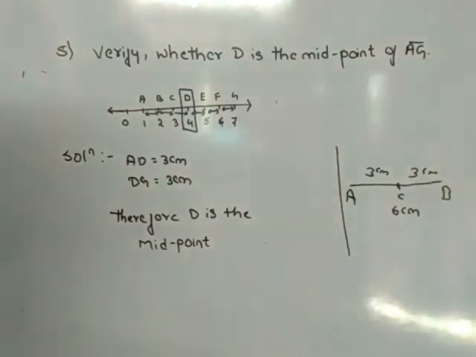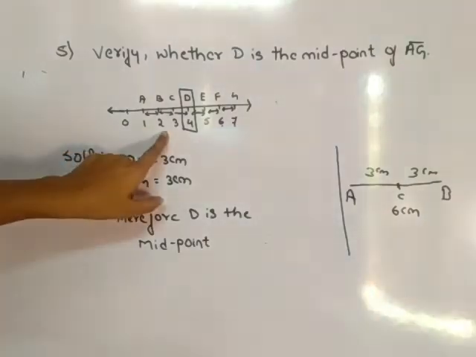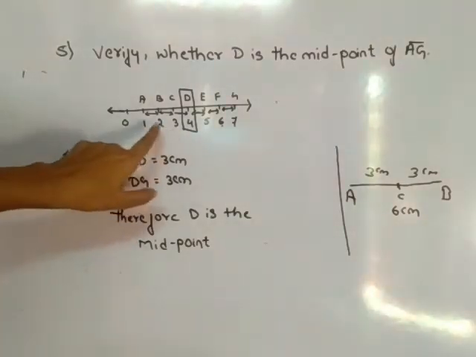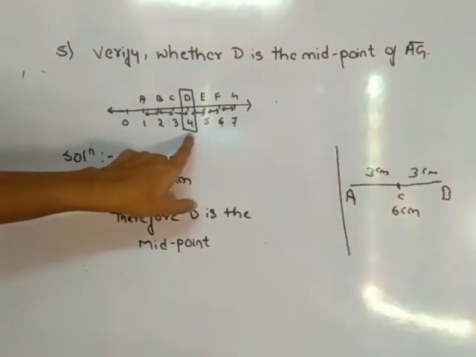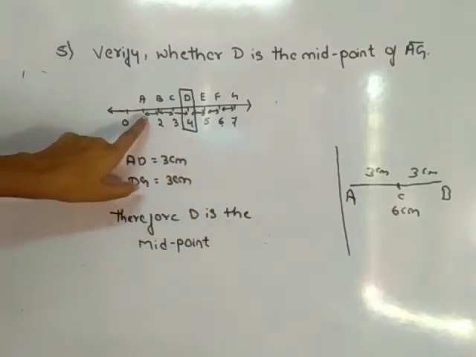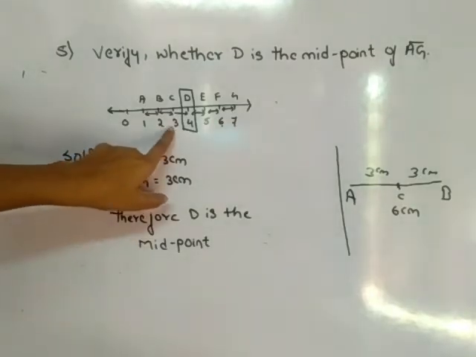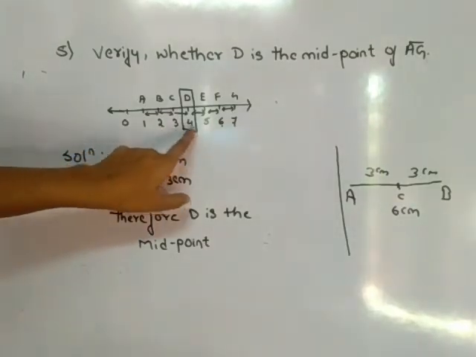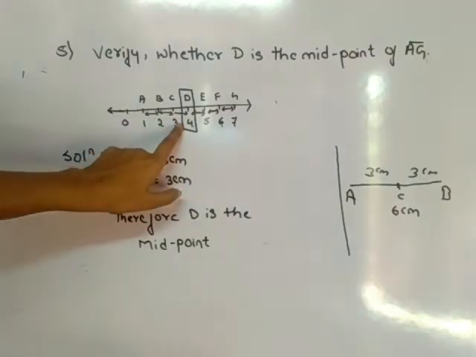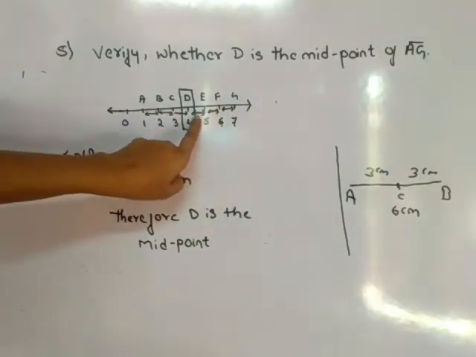Once again I will repeat. How to check? We need to check the distance from A to D and D to G here. How I calculated the length or a distance here? From here to here it is 1 cm, 2 to 3 again 1 cm, and 3 to 4 1 cm. Totally there are 3 centimeters. Similarly from 4 to 7 again there are the 3 centimeters.